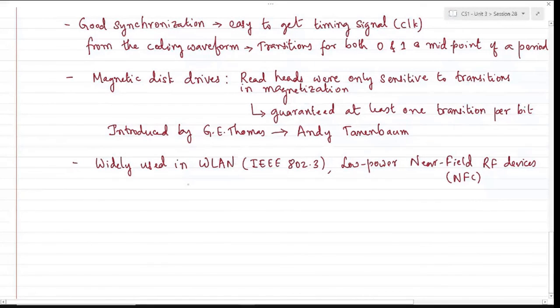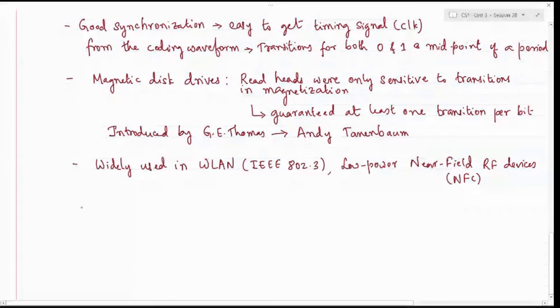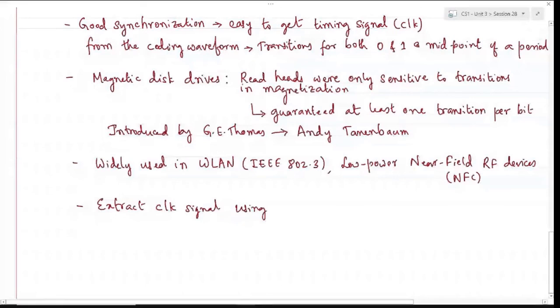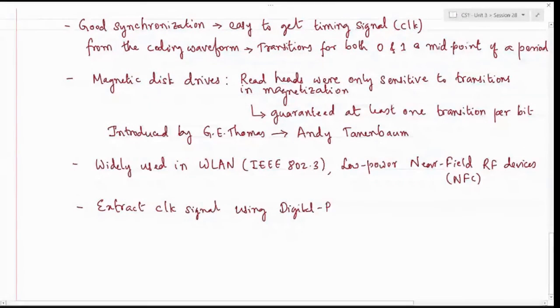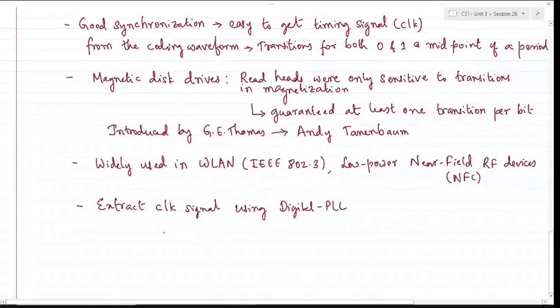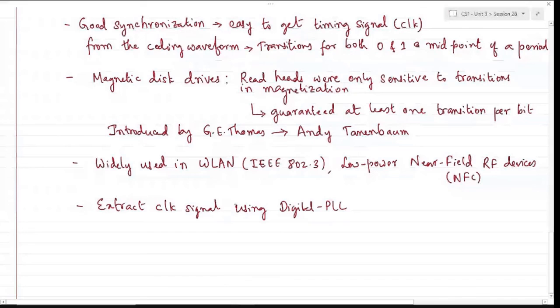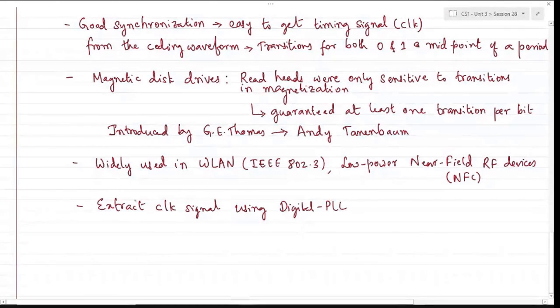Okay, so you can extract the clock signal using a digital PLL. You need not send the clock signal separately. The data itself will consist of the clock signal at which the transition occurs, which is half of the period of the entire bit duration itself, and hence this serves indirectly as clock extraction at the receiver end.